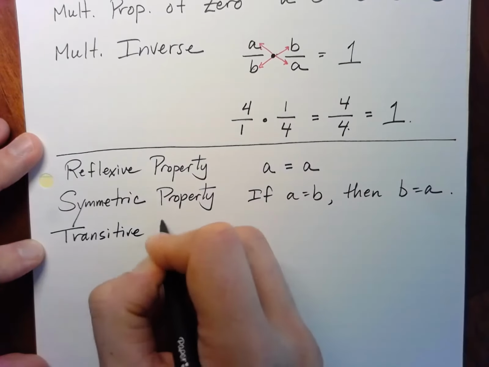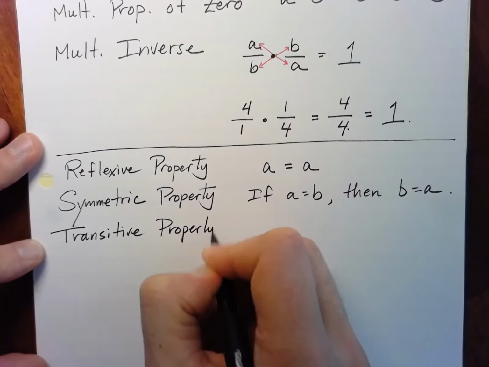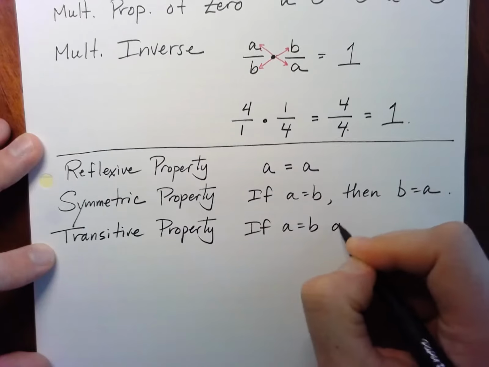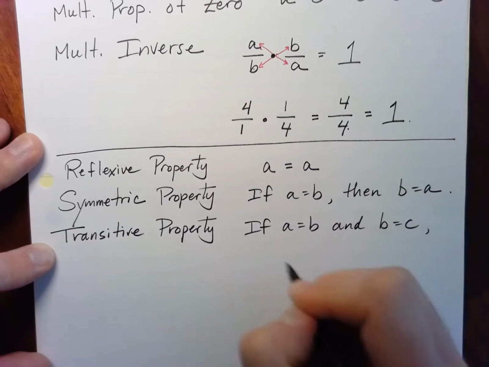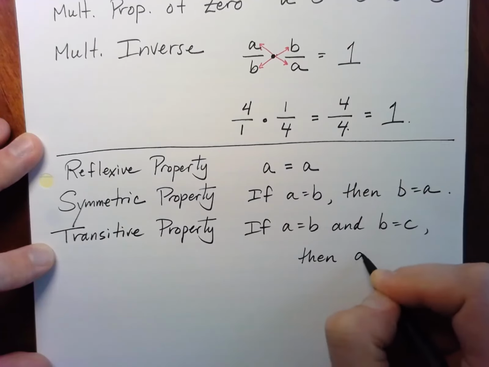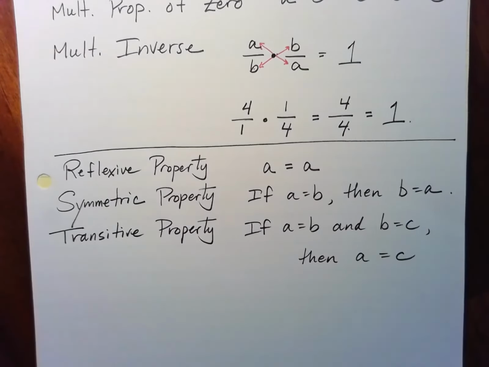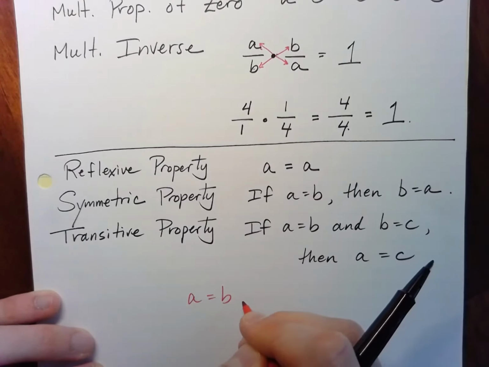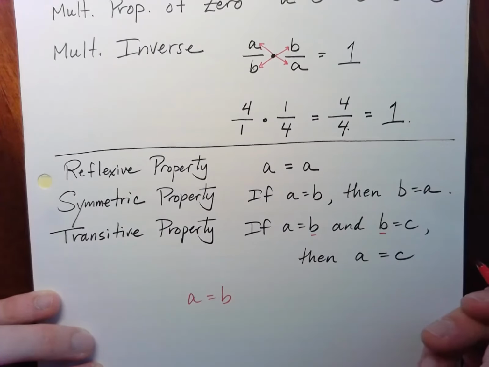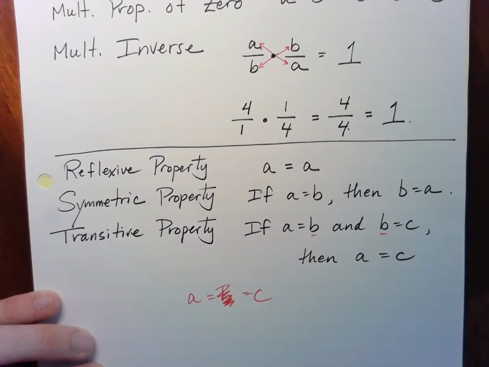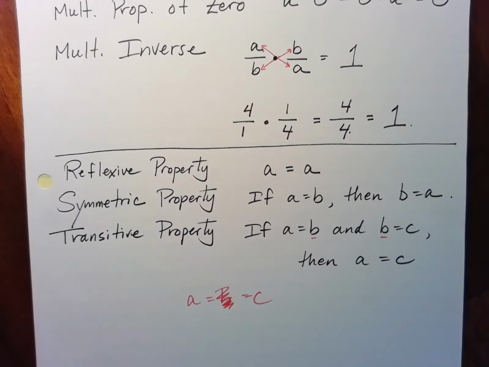The transitive property says that if a equals b and b equals c, then, can you guess it? Then a equals c. And we can see that very obviously because if a equals b, but then b, and see this is where it's matching up, but if b equals c, then we can just get rid of that and say a equals c, which I think makes a lot of sense. Okay?